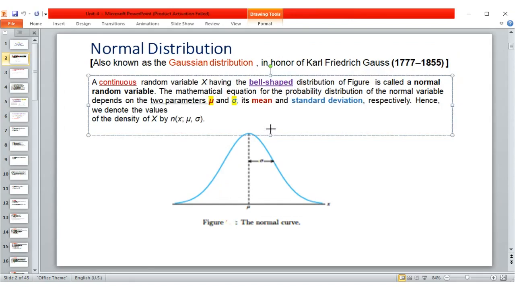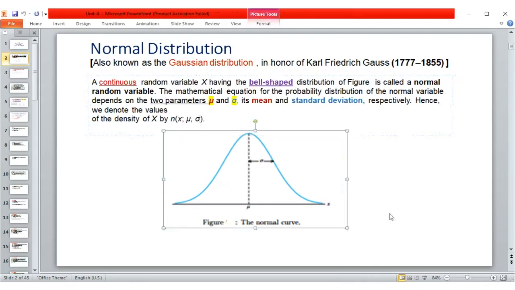So we need to know only two parameters in the normal distribution: one is mean, and the other is standard deviation. The density function of the normal distribution we denote by n(x, mu, sigma). Mu is mean, sigma is standard deviation.